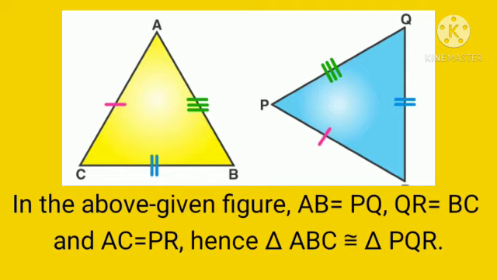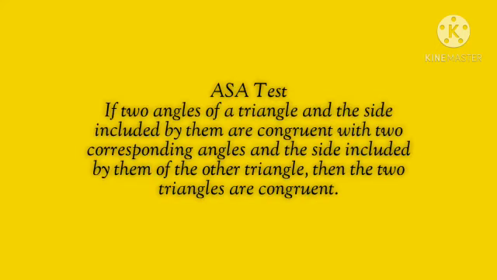Here, length of AB is equal to length of PQ, length of BC is equal to length of QR, length of AC is equal to length of PR. Therefore, triangle ABC is congruent to triangle PQR.